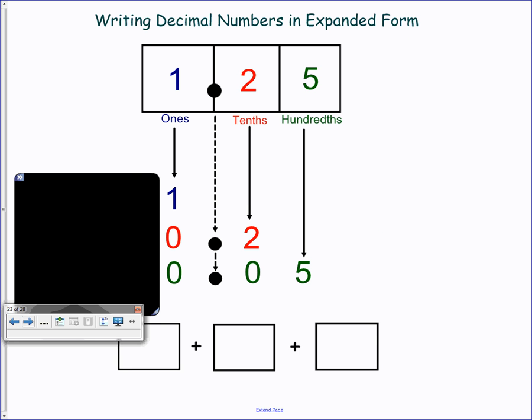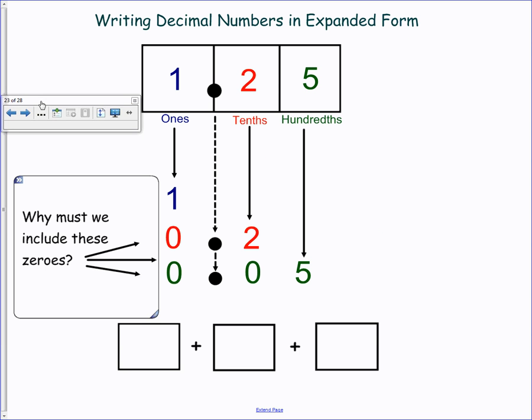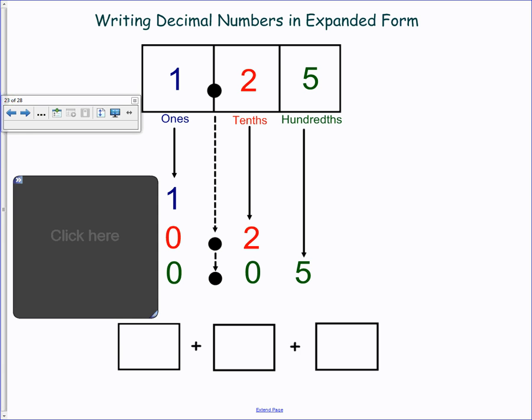Alright, so writing it in expanded notation. Let's see what we got here. So why do we have to include those zeros? So in expanded notation, I do the same as with every other number. Take my ones place, boom, 1. Plus 2. So I got my next number there.